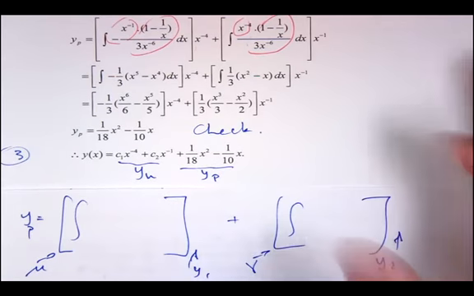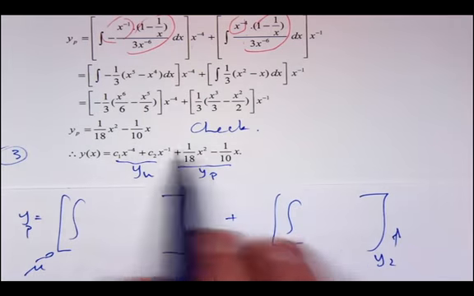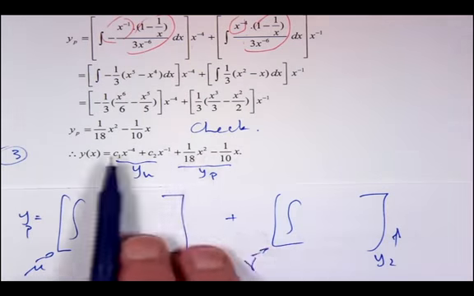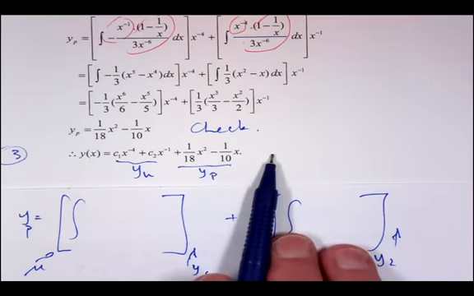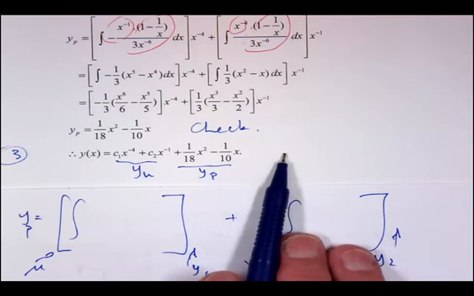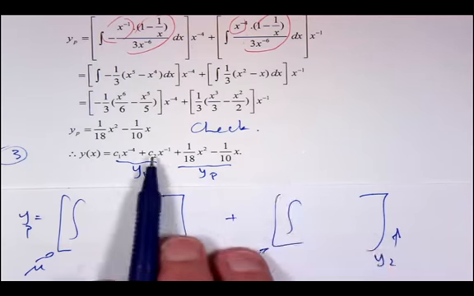Now, I make this point. Sometimes there are bits of the particular solution that are similar to here. So for instance, if this has ended up with a 3x to the minus 1, just imagine that there'd been a 3x to the minus 1, then a constant plus 3x to the minus 1 would still have been a constant.